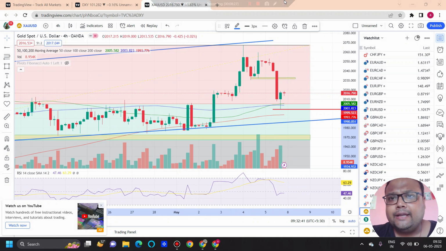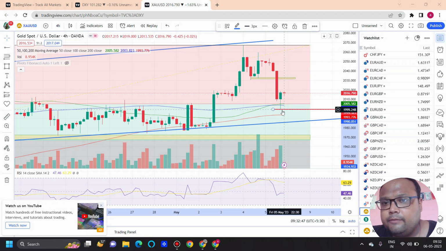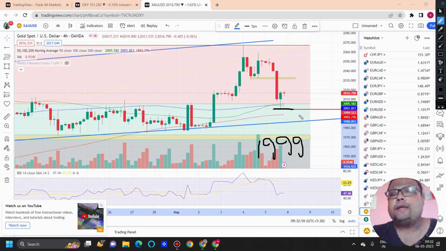And one more thing I would like to add here is that on Monday, if the market breaks the 1999 level, the low made by the market, you may get a quick selling opportunity. This trade is for day trading, for scalpers or day traders only. So if the market breaks 1999, and if you see that the selling pressure is good enough, you can look for a quick sell and you can exit around 1996.